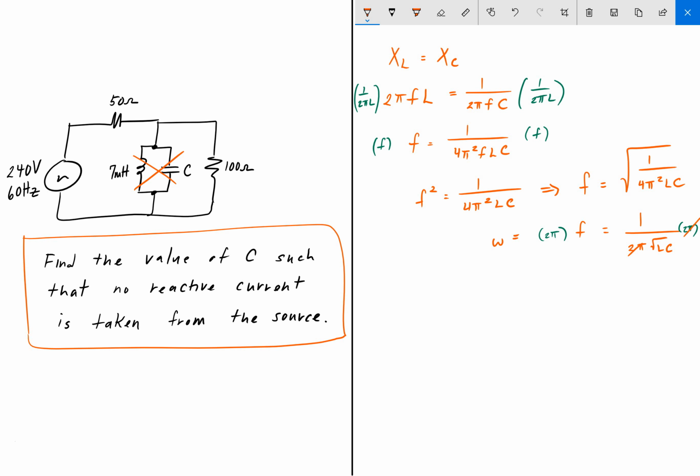So we get that omega is equal to 1 over the square root of L C.